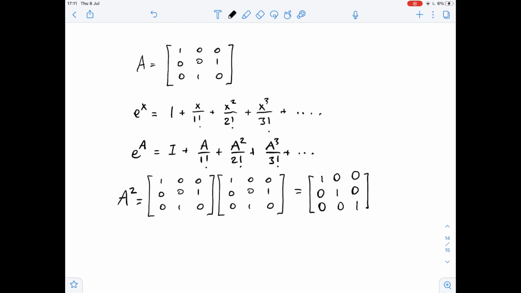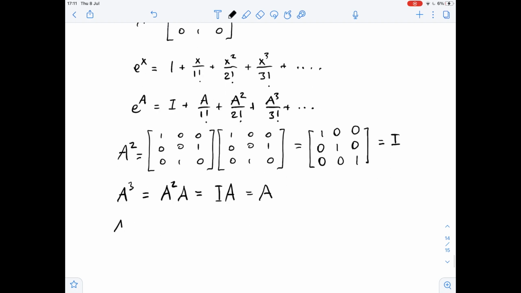As you can see, A squared equals the identity matrix. Well, now let's look at A cubed. So A cubed equals A squared times A. We know that A squared equals the identity matrix, so we can substitute the identity matrix for A squared. So it equals the identity matrix times A, so it equals A. Now let's look at A to the fourth power.